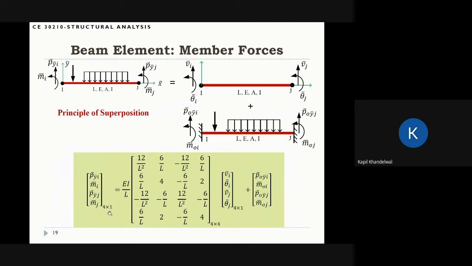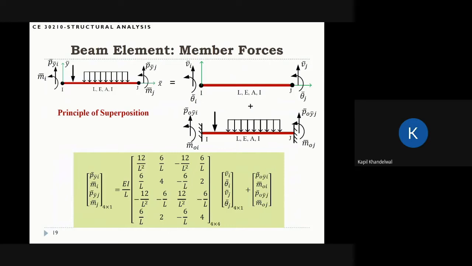Now you have to be careful when you're doing this exercise because here I'm assuming that the axial effects are not present. When there are only flexural effects, the force in the beam is given by a 4x1 vector. If there are axial effects, then we have to consider axial degrees of freedom, which we are going to discuss next.